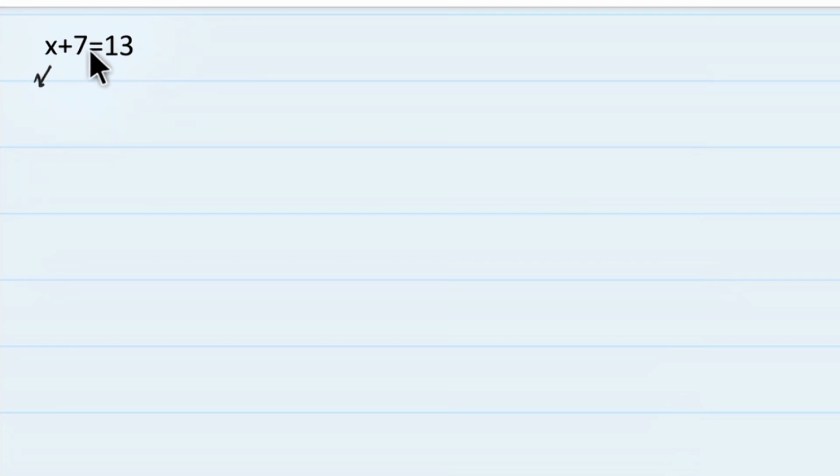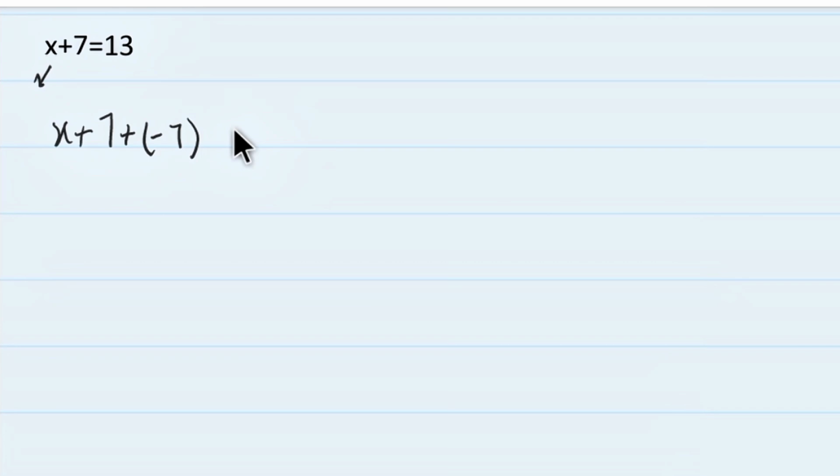Why? Because we have learned that the sum of a number and its opposite results in 0, and if we add a number to 0, the number remains unchanged. So we will apply these properties. Now, to get rid of 7 from the left hand side, we add its opposite to the left hand side.